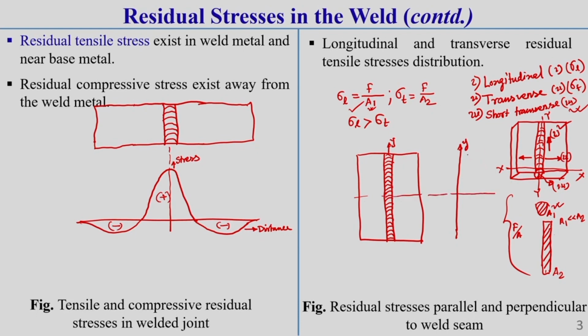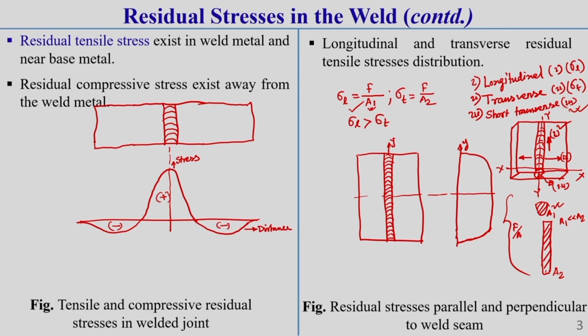If we draw this, we generally get the residual stress gradually increasing at the end, then more or less uniform at the middle section. After that it again becomes almost 0.